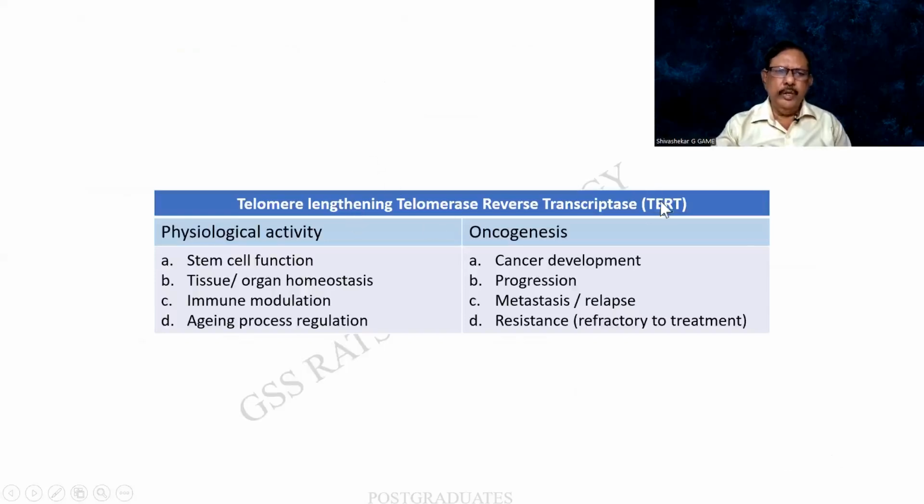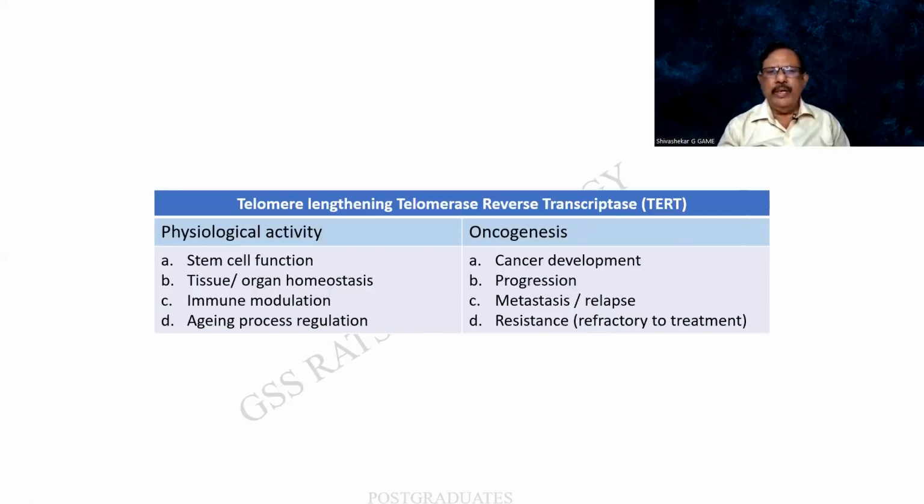The lengthening and shortening of it, again, physiological activity, you can divide it into like this. It can be physiological, it can be oncogenesis. Under physiological, you have got the stem cell, organ homeostasis, immune modulation, and age process regulation. Whereas oncogenesis is the cancer development, progression, metastasis, as well as resistance, which means refractory to treatment.